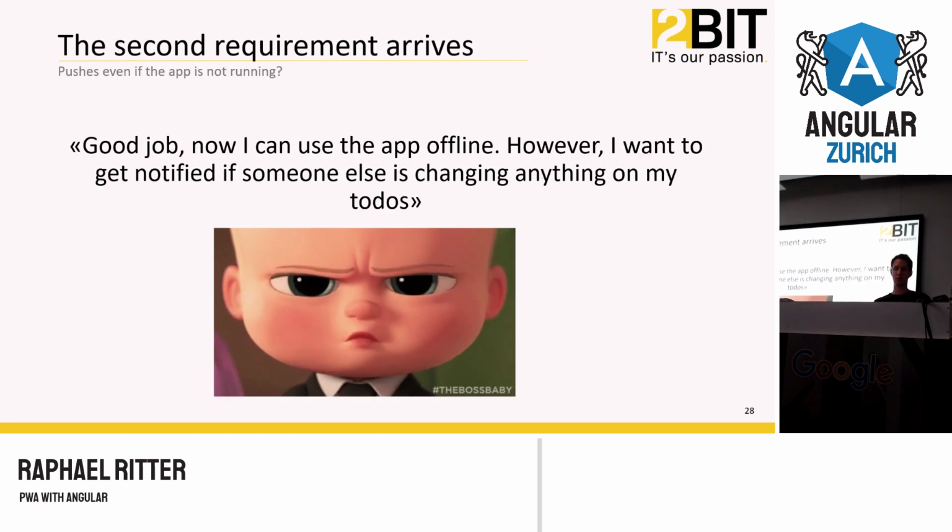We have now made the whole thing offline capable, and the next thing would be, okay, I want to get notified if anyone changes my to-do. I mean, it would be obvious: if multiple persons are using the to-do app, you probably want to share the events when someone has done something. Of course, we will not fully implement this feature because we would need a backend for that, and we won't do that.